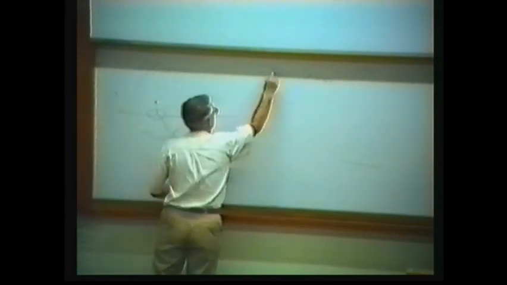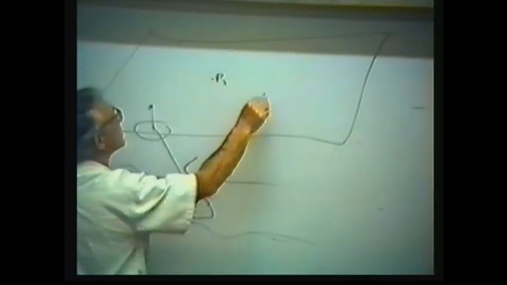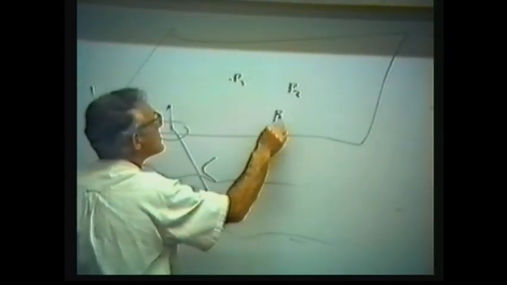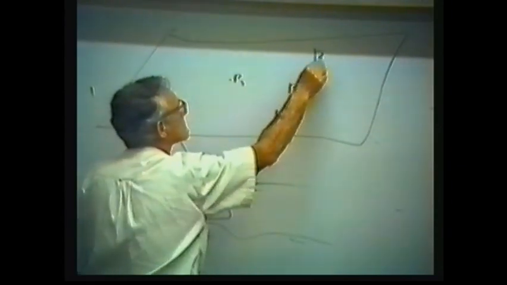let us look at this fact from a different point of view. That's our transmitter. That's our observation points, P1, P2, P3, P4.